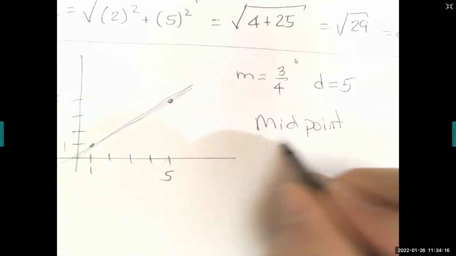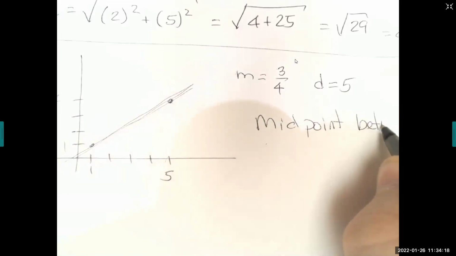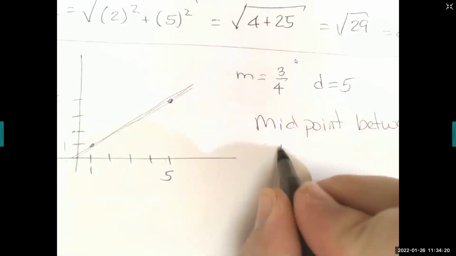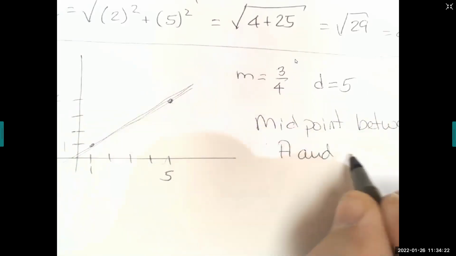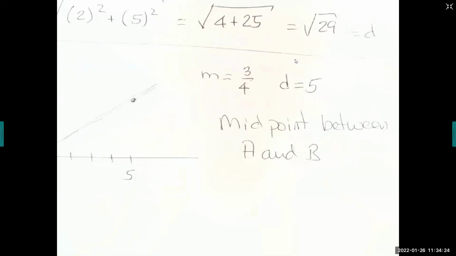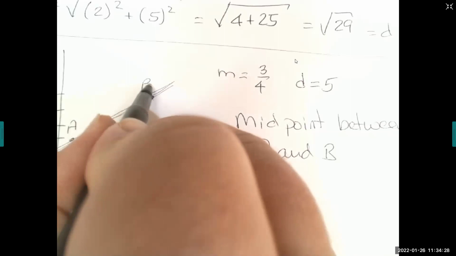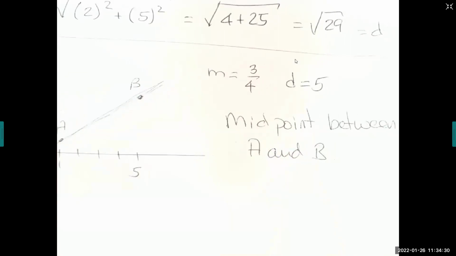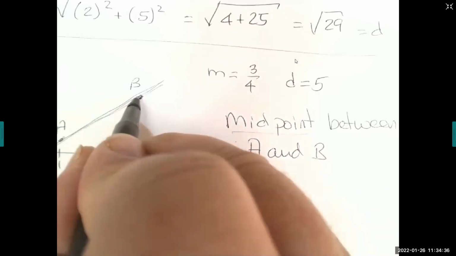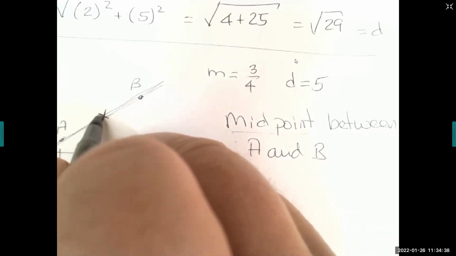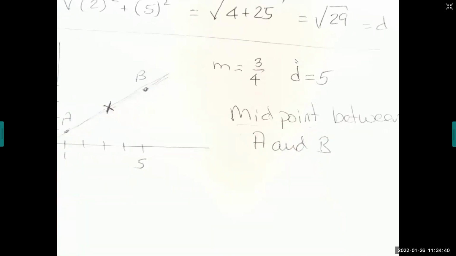How about the midpoint between A and B? What we're looking for here, a midpoint is just that. Here's point A, point B. We want to know the place that's halfway between those 2 points.